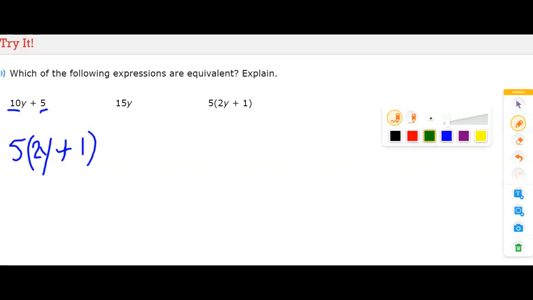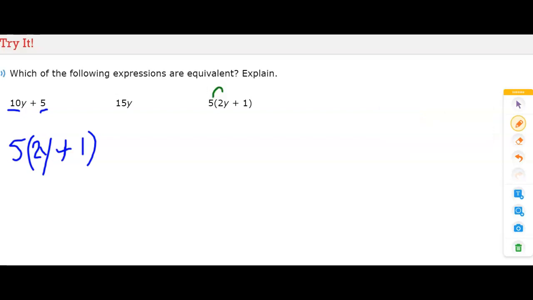And then the second one, 15 times y, there really isn't another way to write 15 times y. And then we have 5 times the quantity 2y plus 1 in parentheses.